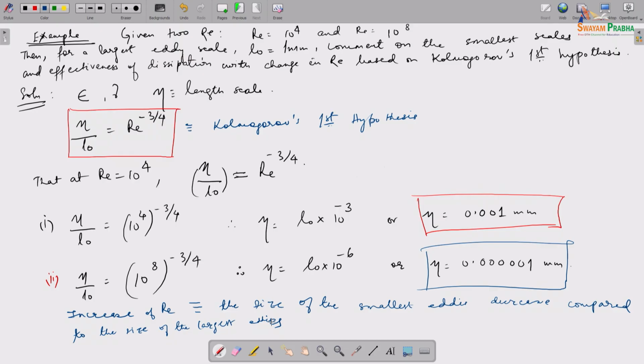So basically what we're saying is that if I increase the Reynolds number, the smallest eddy size becomes smaller. If Re increases, the size of the smallest eddy decreases.